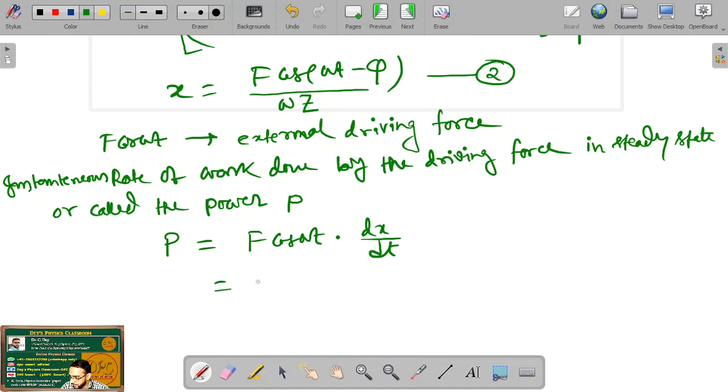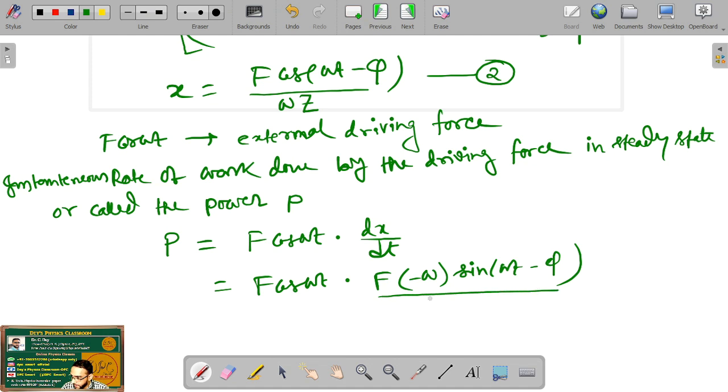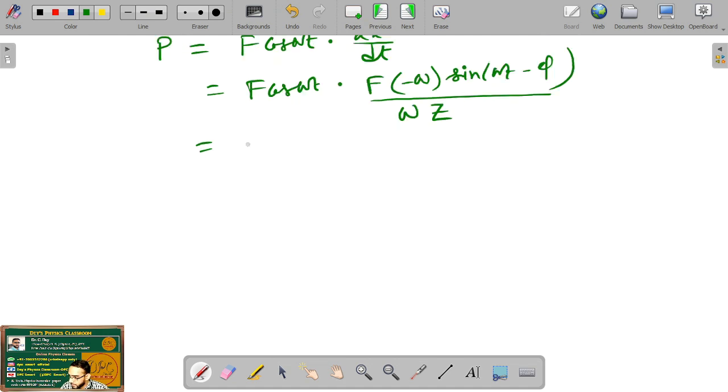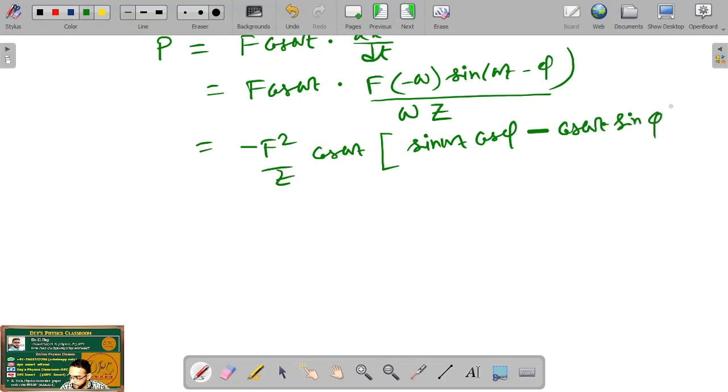So dx/dt would be, if you differentiate equation 2 with respect to t, F into minus ω sin(ωt − φ) divided by ωZ, or it would be minus F² by Z cos ωt in bracket sin ωt cos φ minus cos ωt sin φ. Here ω cancels out.